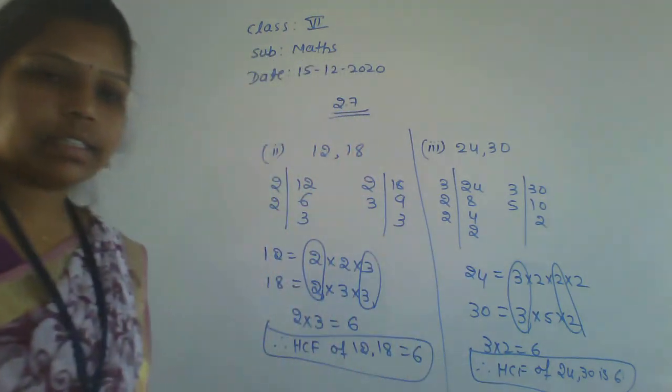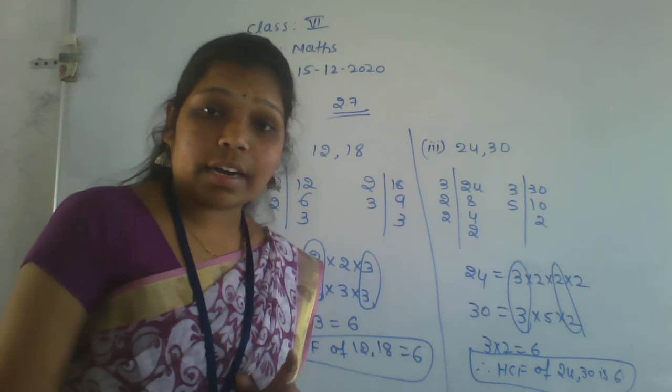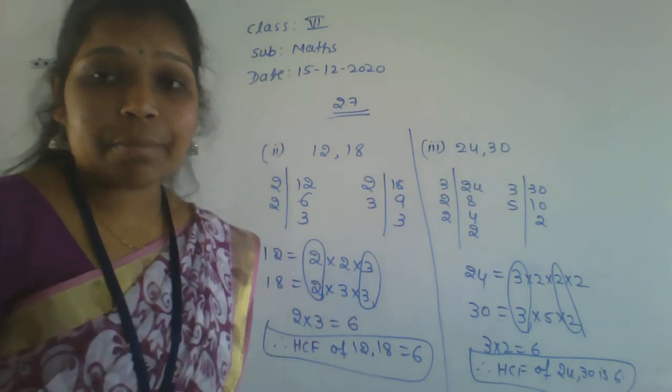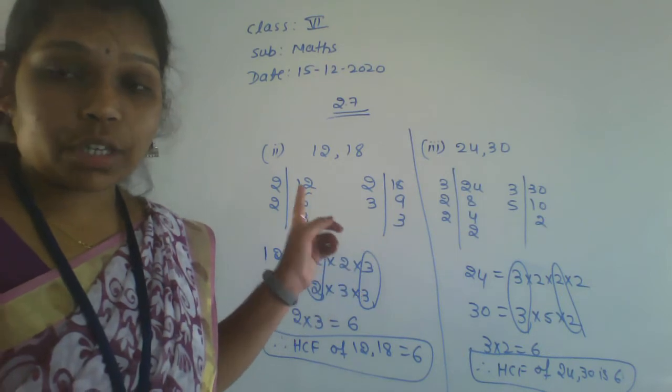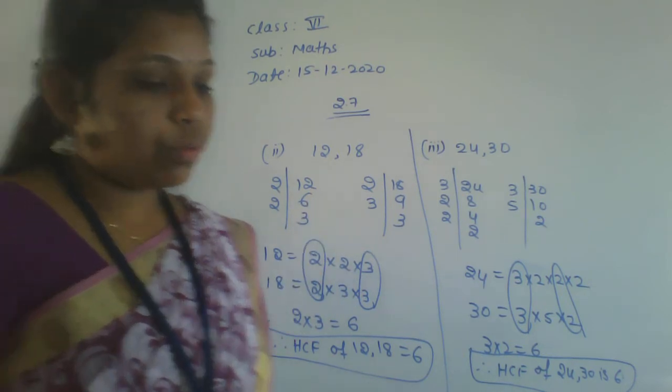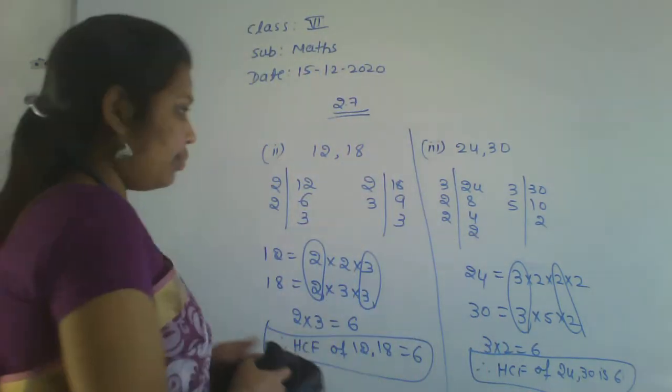Okay, like this you have to find the HCF. This is the prime factorization method. I am finding the HCF by using the prime factorization method. Okay. So next, fourth problem. We'll do fourth now.